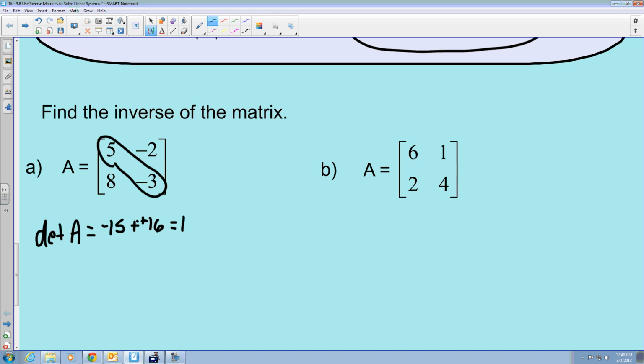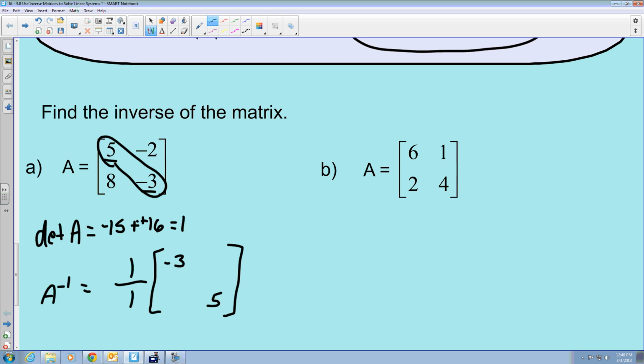To find the inverse of A, I'm going to use 1 divided by the determinant of A, which is 1, and then multiply this by a new matrix. I'm going to swap my a and my d. So this is my a and this is my d. I swap those positions, so it becomes -3 and 5.